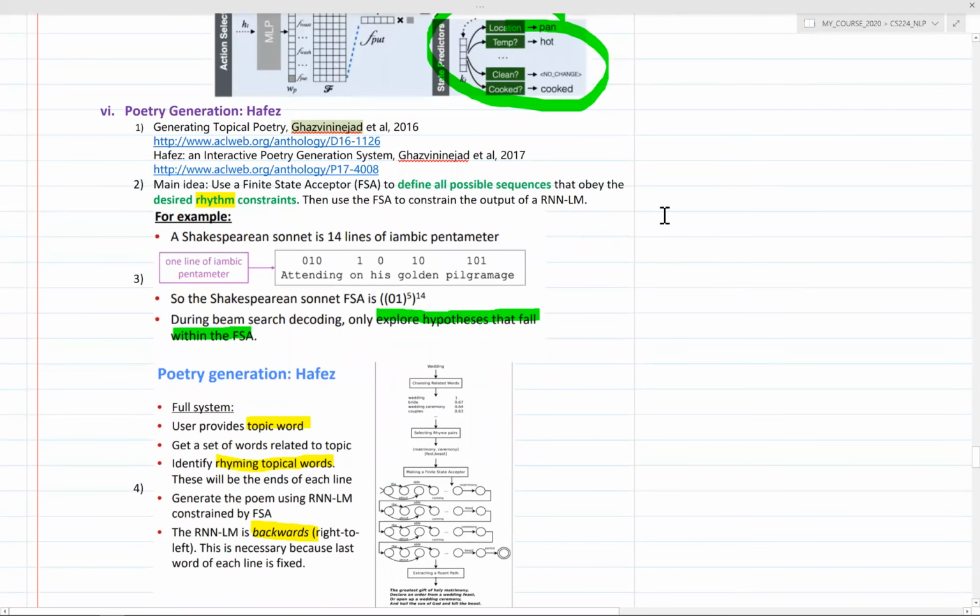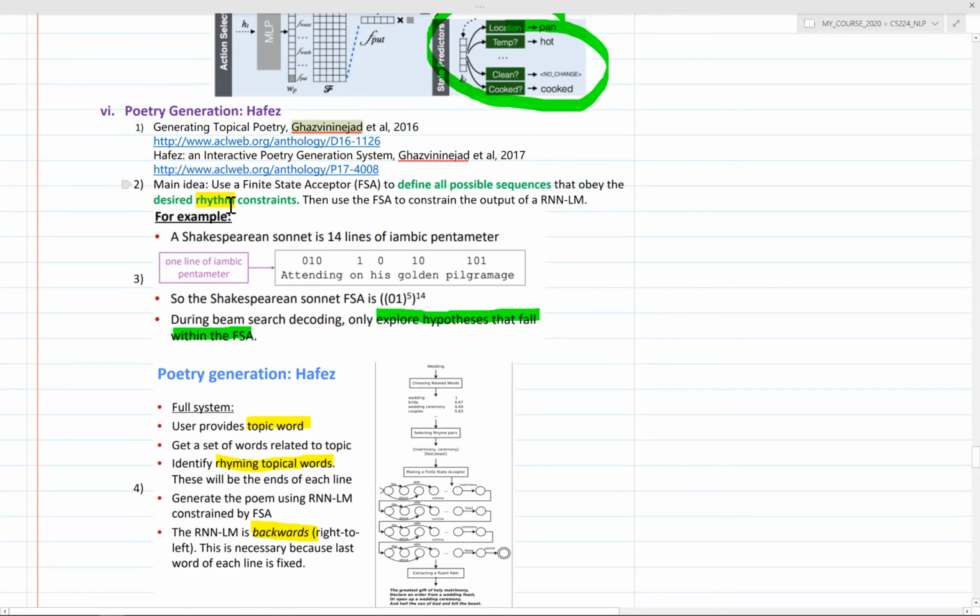So basically, it is making the desired rhythm within the poetry a constraint into the model, because poetry has a different character than other stories and generation tasks, because it must follow some kind of rhythm.